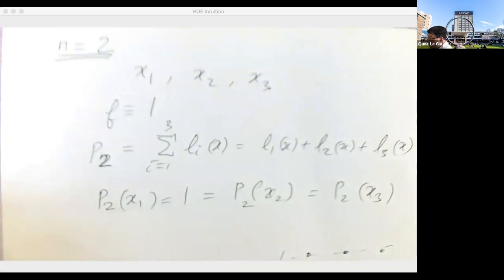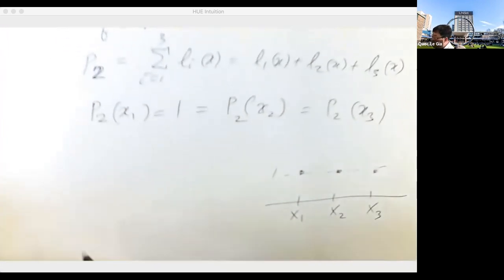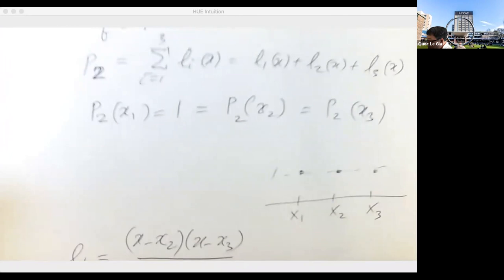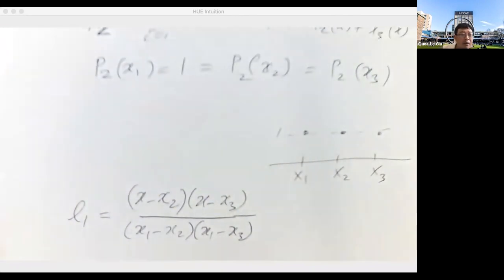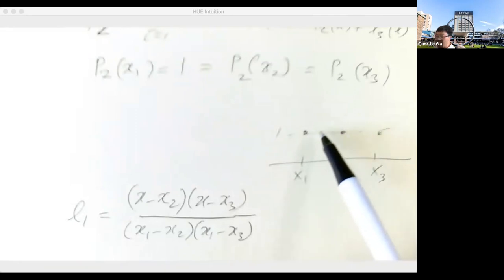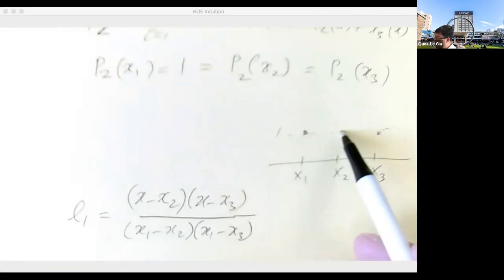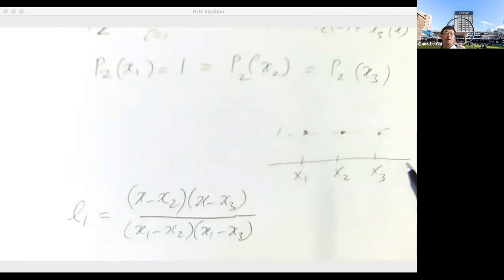If you write down L1, then L1 is x minus everything except the first point, so you see that L1 has degree 2. Yes, you are close. So it's a parabola, and it goes through 3 points at 1.